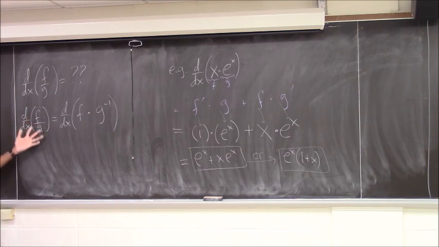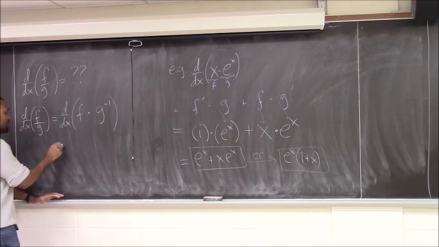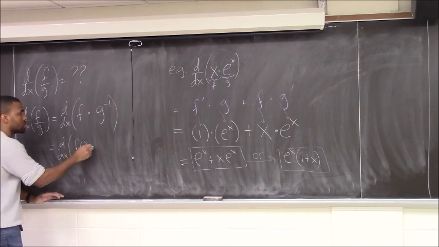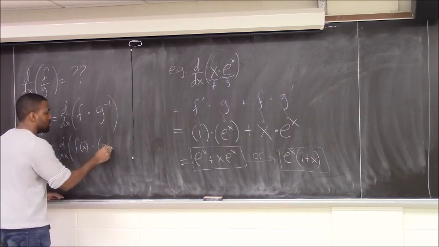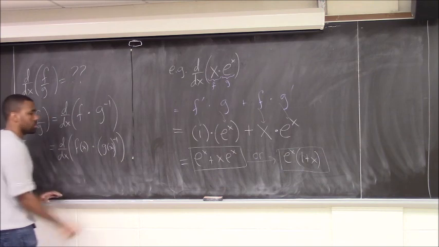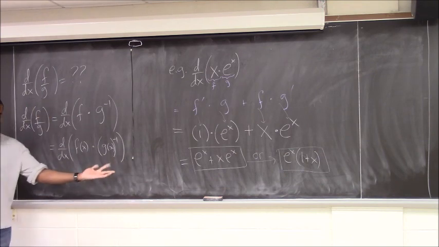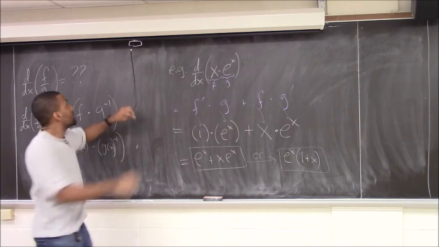So in other words, a division, I can think of it as kind of like a product, and this is going to help me derive a formula for it. I'm going to rewrite this a little bit just to emphasize certain things. f of x times g of x to the minus 1. I kind of want to emphasize that my g is kind of like an inside function here.